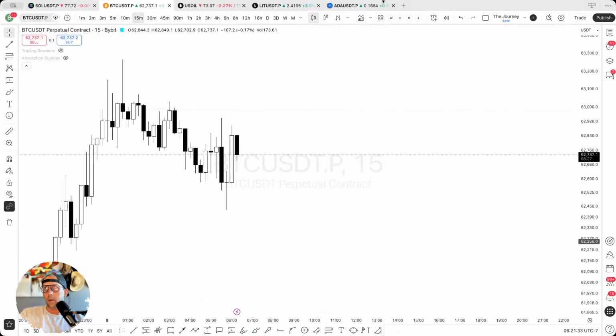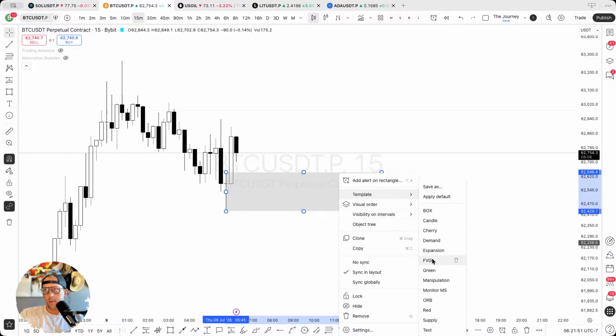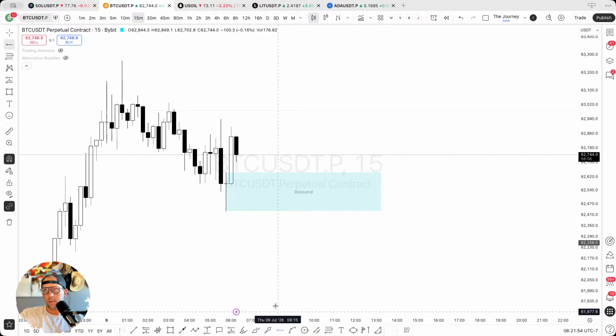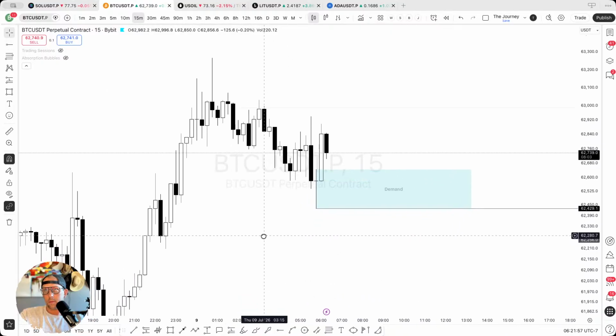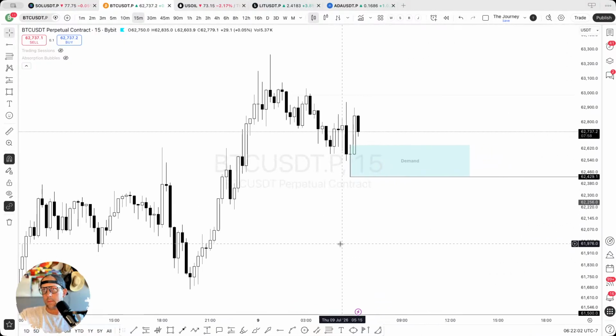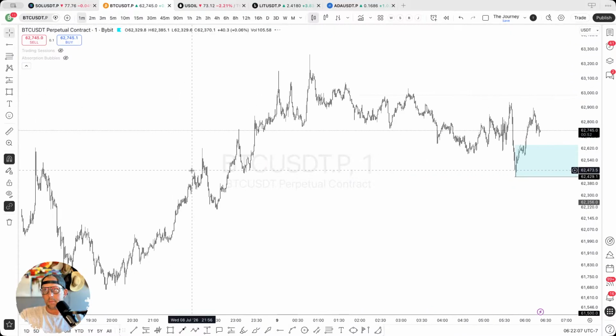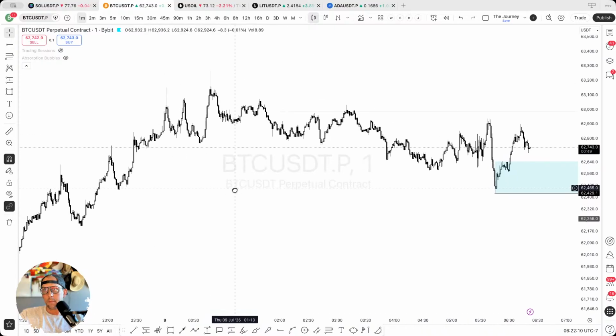So what do I want on market open, which is going to happen in about 9 minutes? I want to see price come down to demand or purge this local low, and then I'm long.